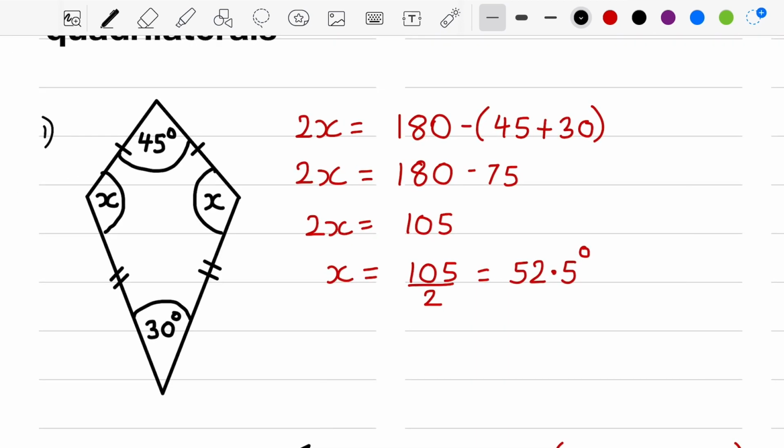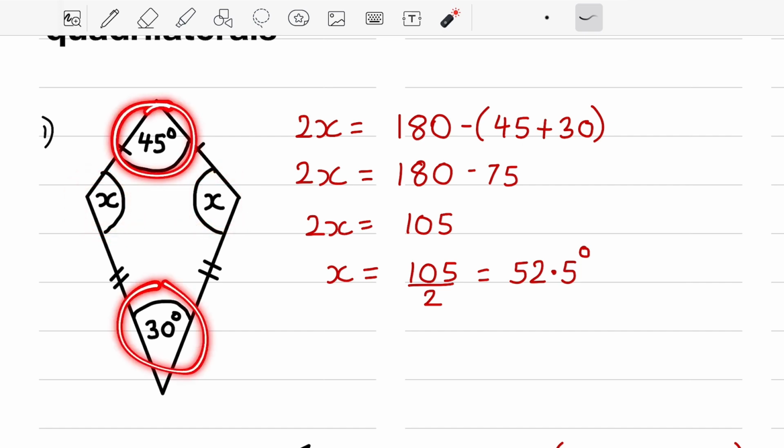Number 1. So these two angles are equal. So we are going to add these two angles and subtract it from 360 degrees. So let's correct that.